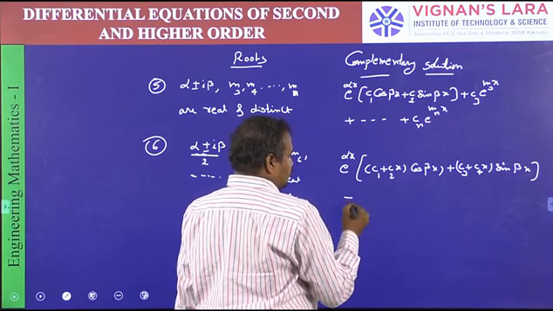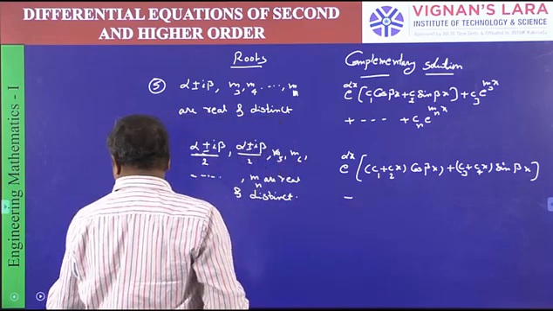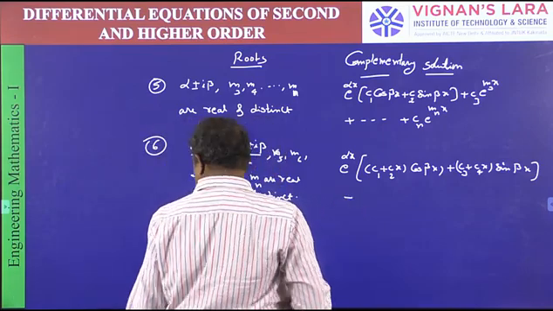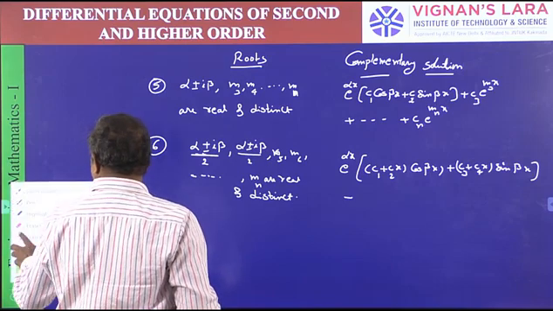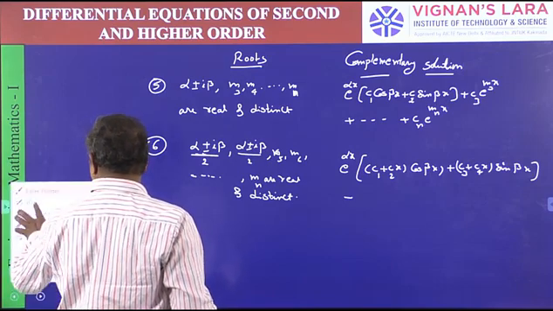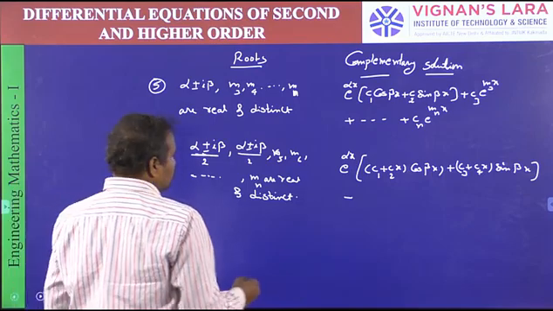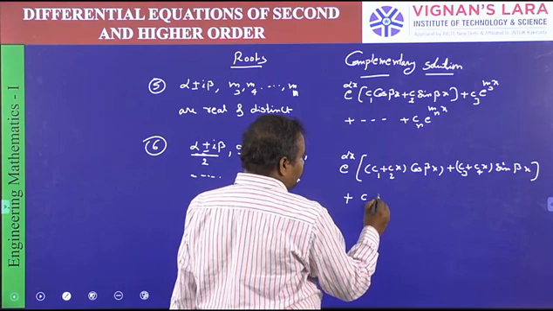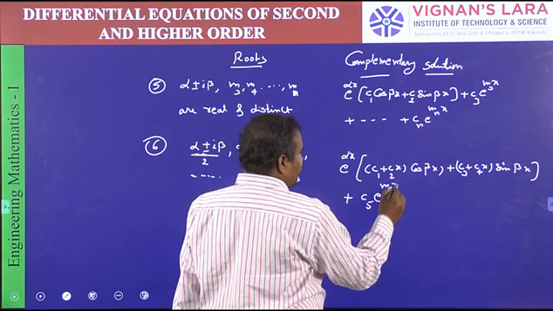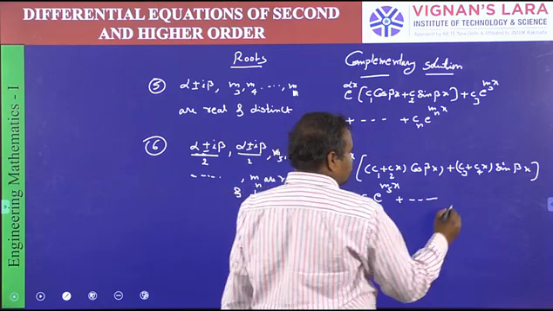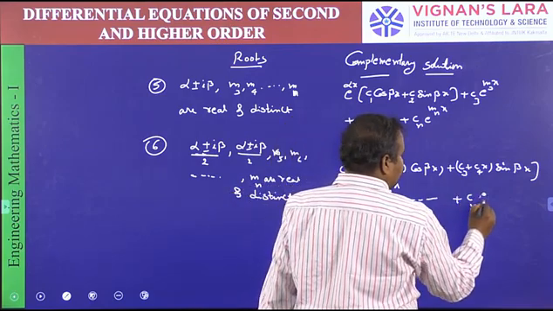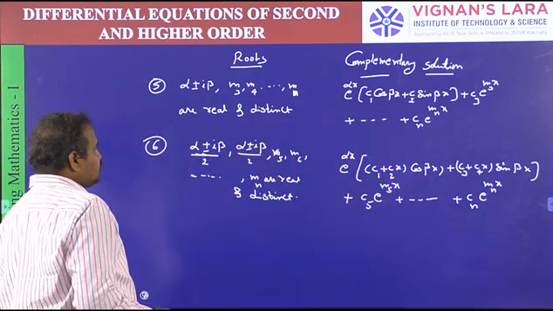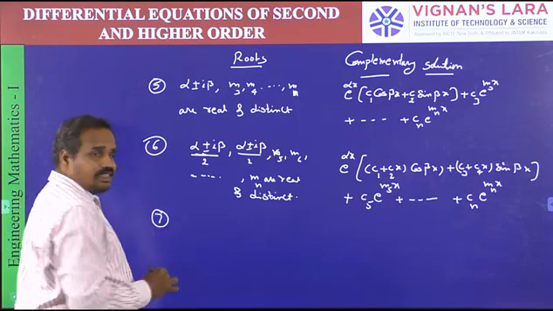Remaining are real and distinct, plus c5 e^(m5x) and so on plus cn e^(mnx). So this is the general solution.